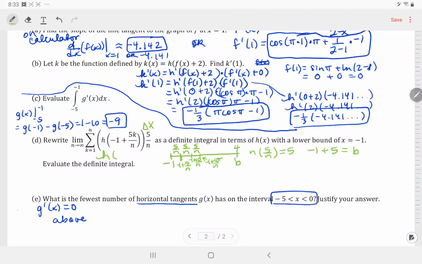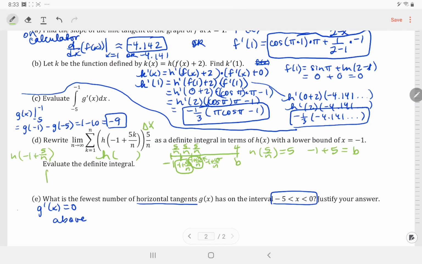So this is h of this number right here. And then h of this number, because I have to plug in k equals 1, would be negative 1 plus 5 over n. And then that would be h of this times the width of each one. So it looks like this is a right endpoint Riemann sum.